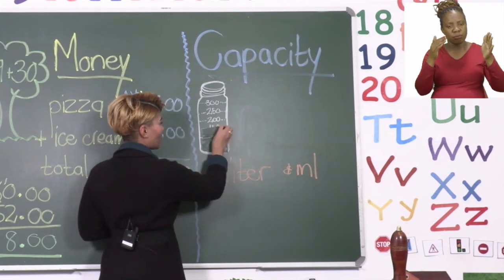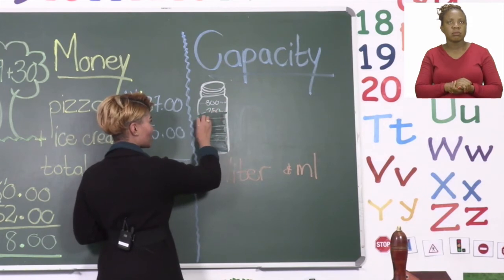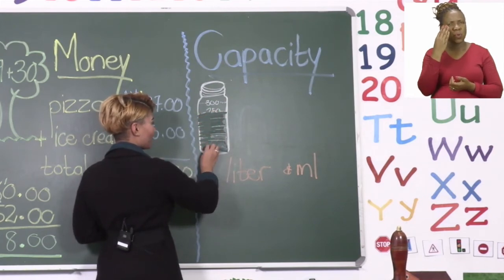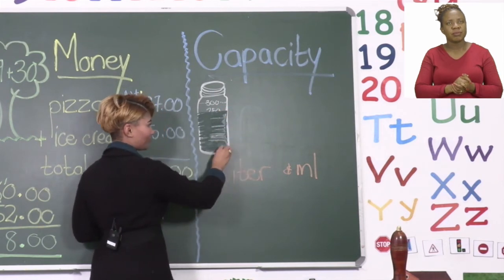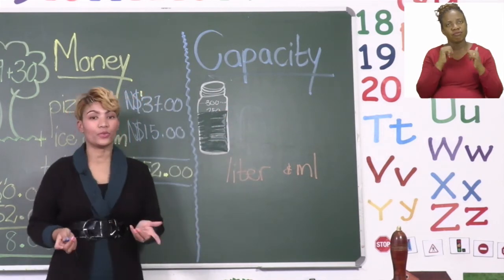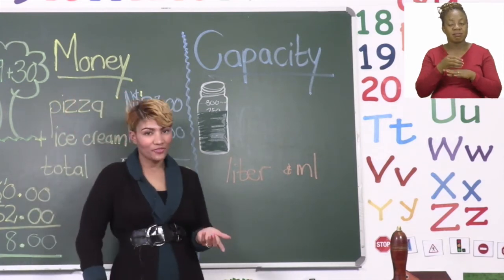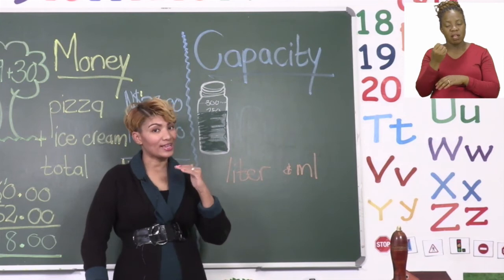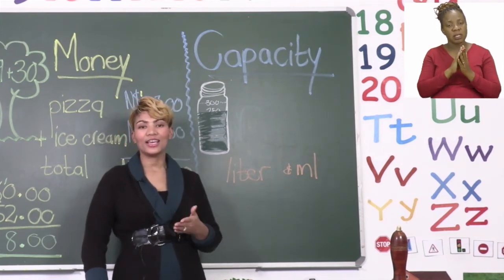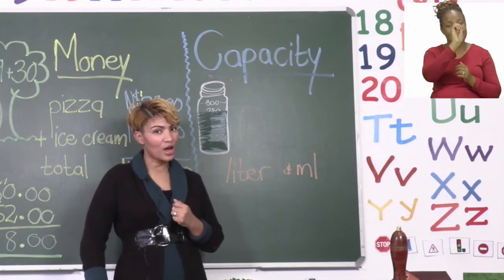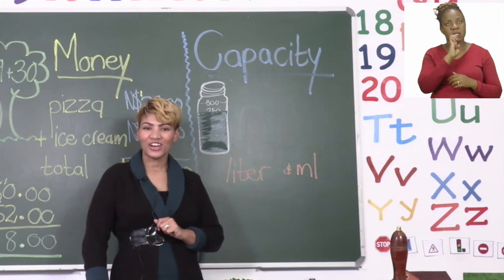So you see, I think blue looks like water. So we fill it up up to 250. Right. Now everyone, each one of the other bottles will also have to be filled up to a certain capacity. So you need to look at B, C, D and E, check the amounts and make sure that you fill up your bottles correctly.